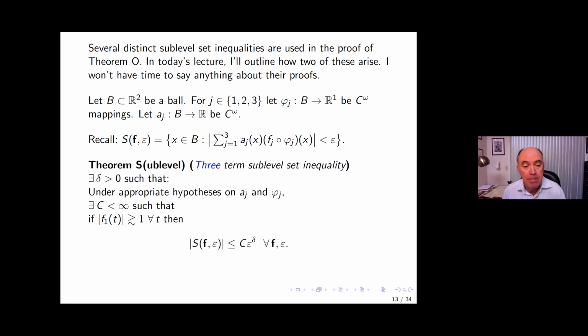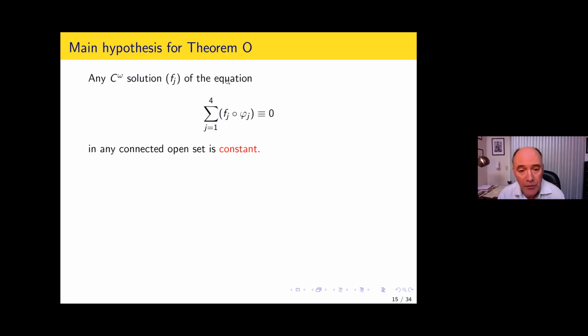You might want me to express this hypothesis in simpler terms, but to actually write it down in simpler terms is rather complicated. In the real analytic case, this is a natural way to formulate it. Likewise, for the oscillatory theorem, our hypothesis is that any real analytic solution of this four-fold sum vanishing identically in any open set is constant.